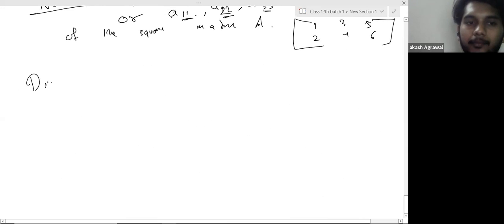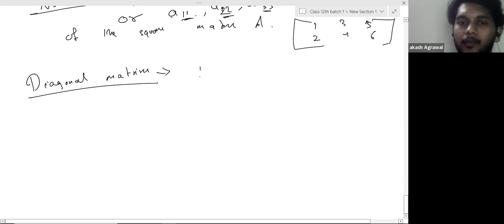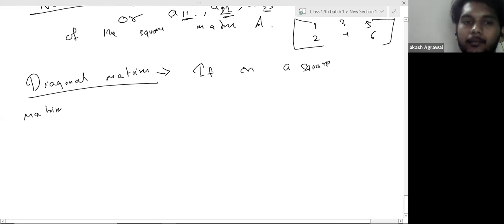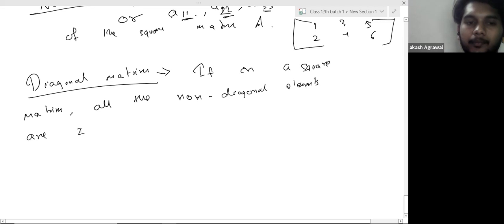Next one is diagonal matrix. If in a square matrix, all the non-diagonal elements are 0, then it is called a diagonal matrix.